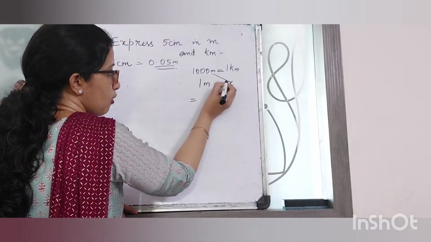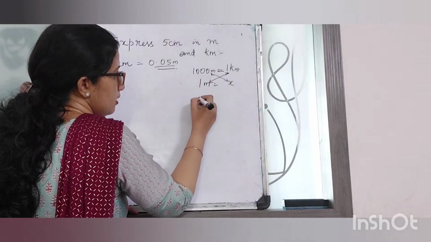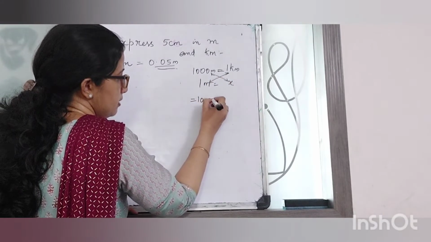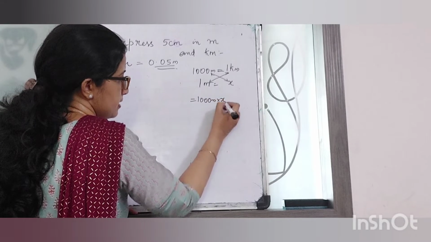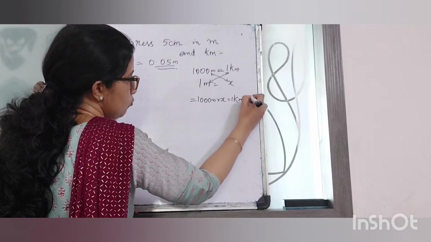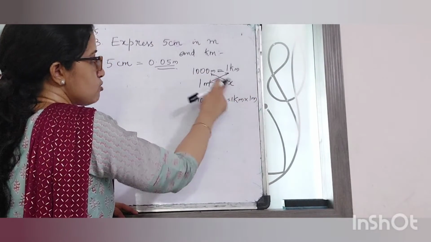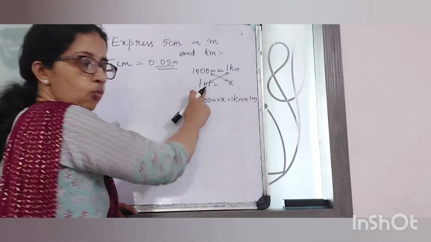So if we cross multiply these two and these two, 1000 meter into x is equal to 1 kilometer into 1 meter. Correct? 1000 meter into x equal to 1 kilometer into 1 meter.